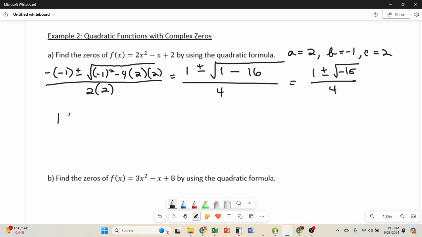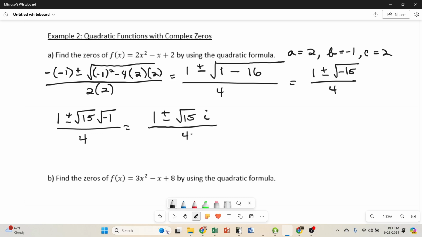So this is going to be 1 plus or minus the square root of 15 times the square root of negative 1, and this is over 4. So this becomes 1 plus or minus the square root of 15 i over 4. So when we write complex numbers, we can't leave it in this form.